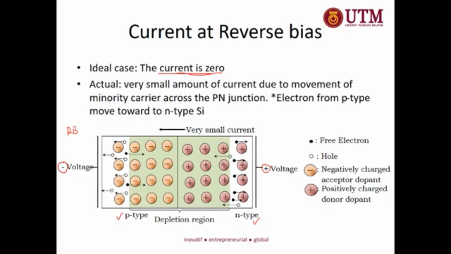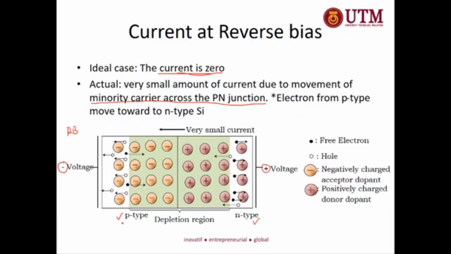However, when we do the measurement, we can still measure very small current. Why is there small current? This is because of the movement of minority carrier across the PN junction. So this is the reason for the current.